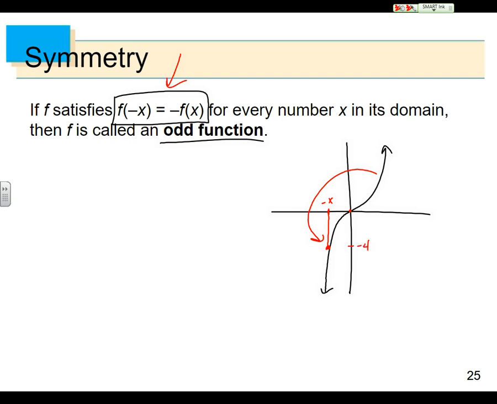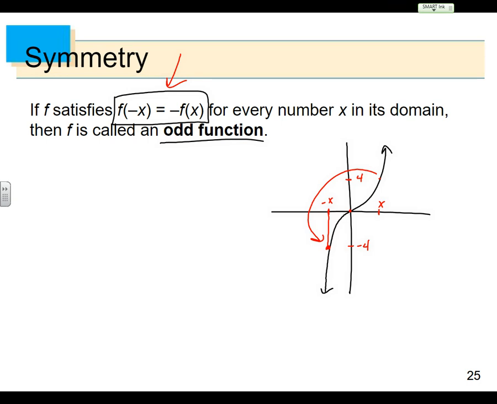Whereas if I went to the right, the same amount of units, x units, it should go up on my y-axis to positive 4. So all the negatives became positives, all the positives became negatives.